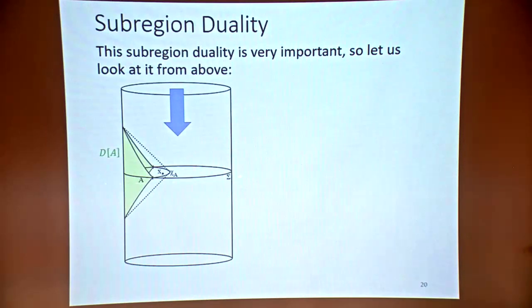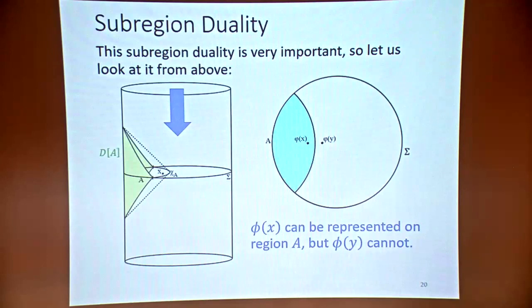So let's focus on a constant time slice. And region A is here. A complement is the rest of the system. We have a geodesic connecting the two endpoints. And all the operators in this shaded region, which is essentially the Rindler wedge constrained to this spatial slice, can be reconstructed on A. All operators in this unshaded region cannot be reconstructed on A, but can be reconstructed on A complement.